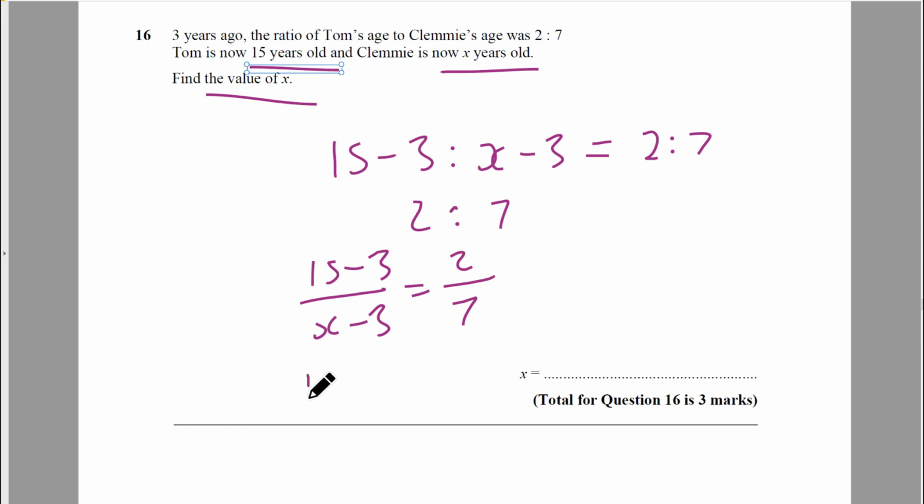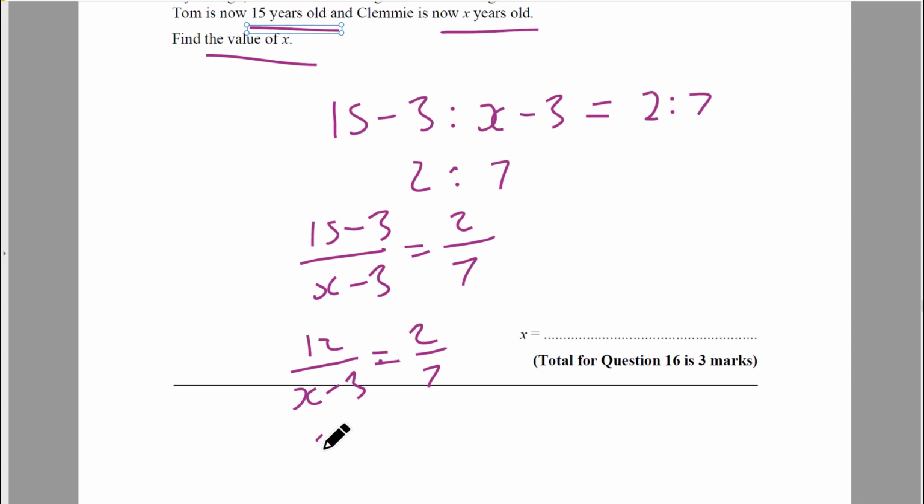So we're going to get 12 over x minus 3 equals 2 over 7. Let's work that out. Cross multiply.